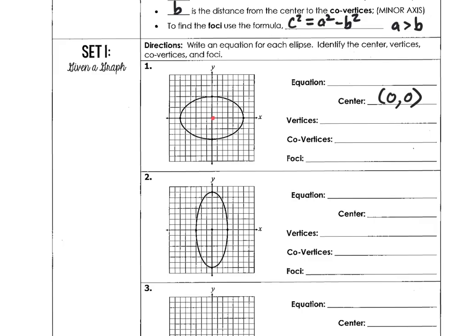Going up and down is 1, 2, 3, 4. Okay, and right there, that tells me my A value is 6, my B value is 4. So we want to count both distances. The bigger one is my A value, the smaller one is my B value.